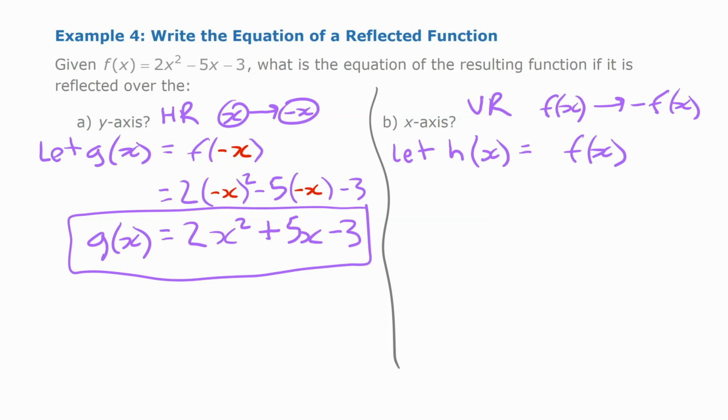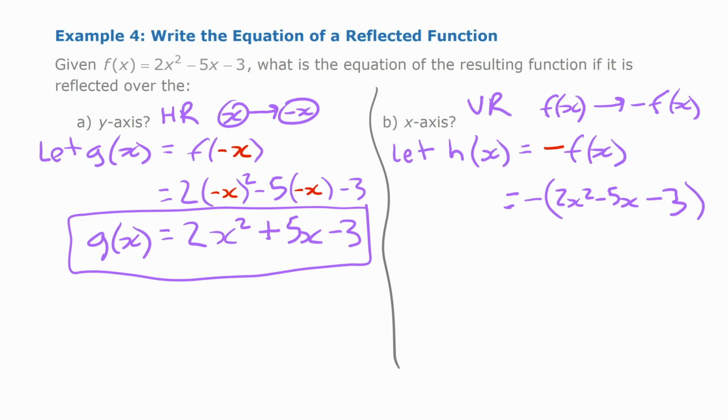And then I'll do this just to emphasize that that's what we're doing. So basically, we want our negative, and we want it to be the entire function negative. So I need to put brackets here, and then I have my function 2x squared minus 5x minus 3. And for that function there, that minus in front of the whole thing, I need to distribute that minus, right? It's minus each of those terms.